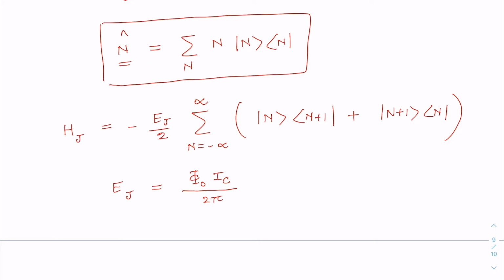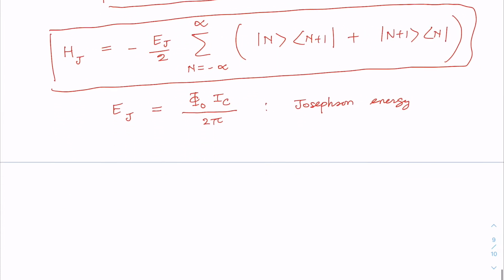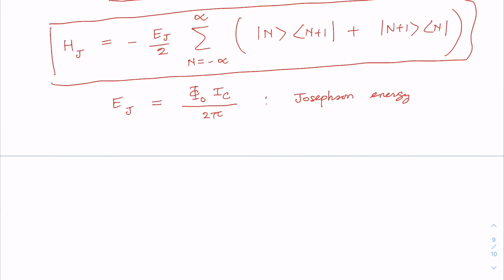This is the so-called Josephson energy. Now this Hamiltonian can be written in terms of the phase difference across the junction phi as well.